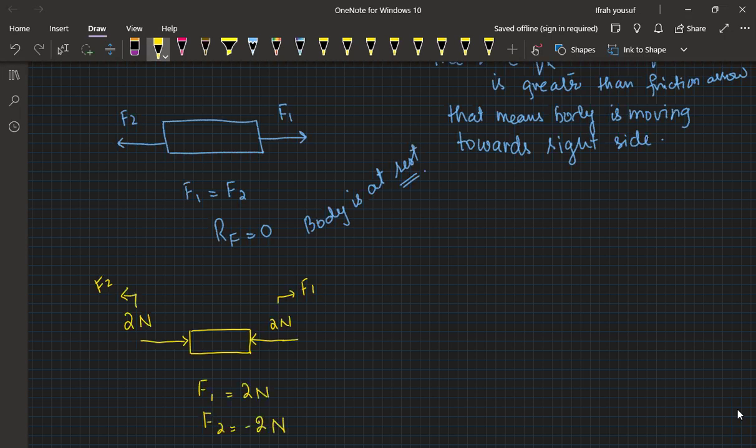Okay, so why have I put a minus here? Because in order to show the difference between the directions.